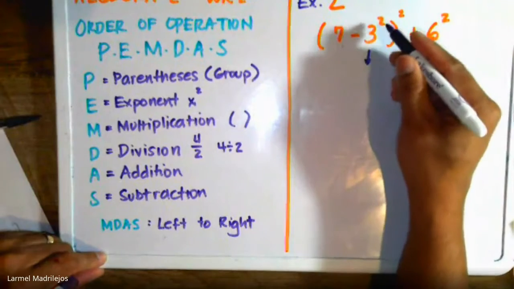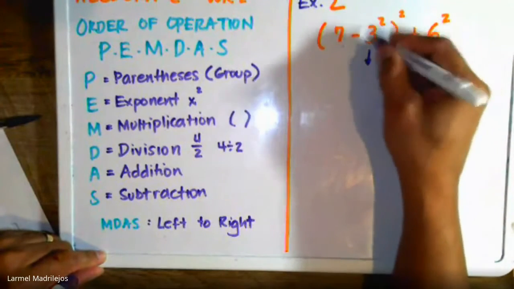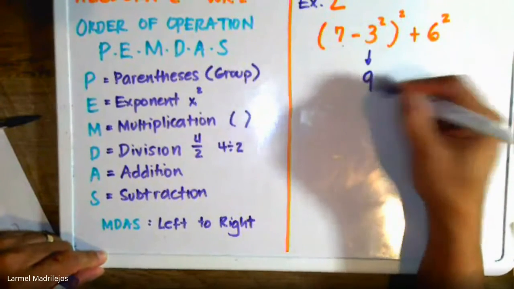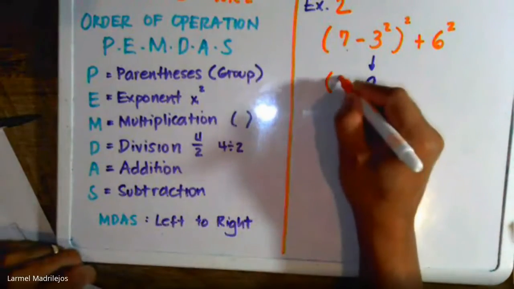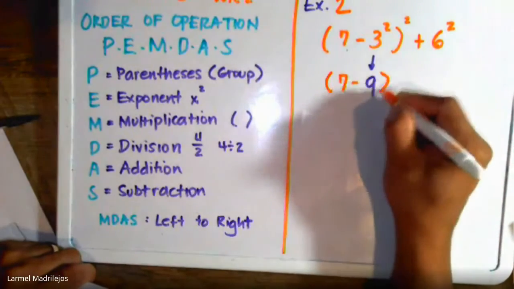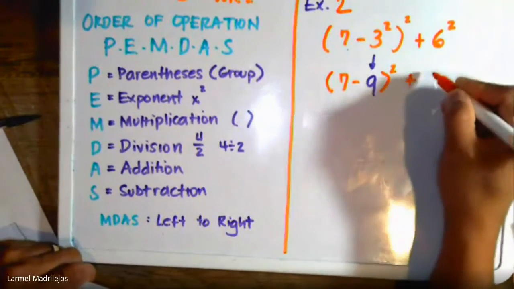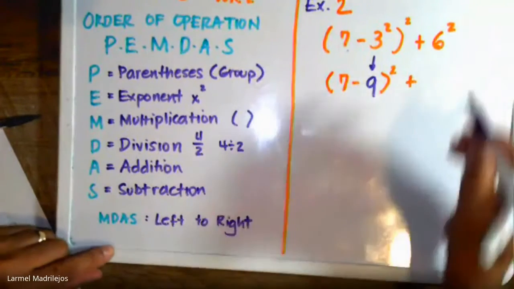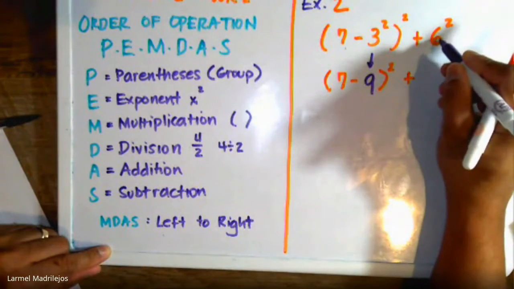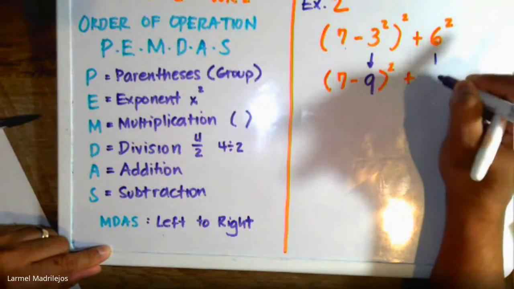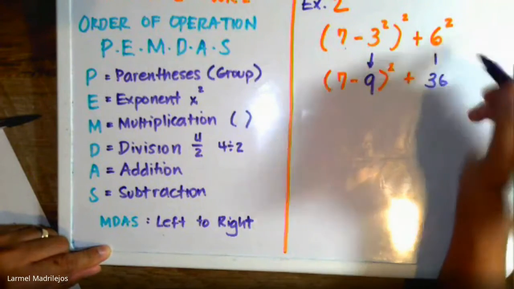3 times 3 makes 9. That's the new number there: 7 minus 9. On this one too, I can do something: 6 times 6 makes 36.